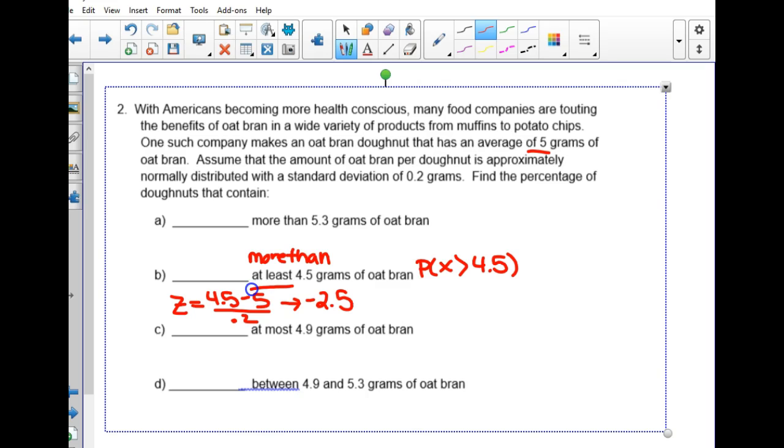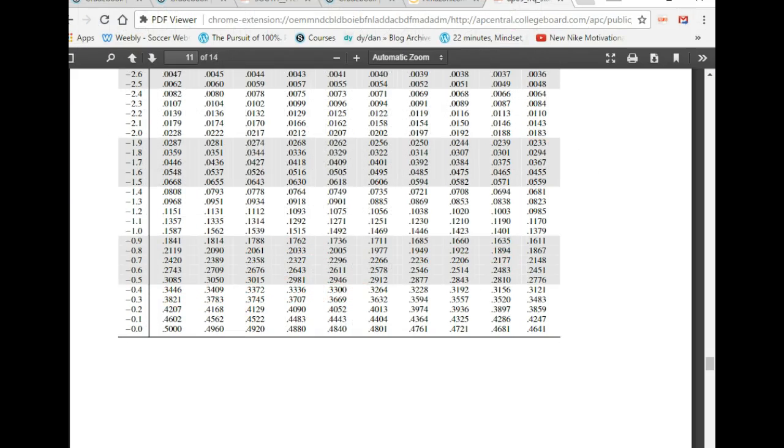I go to my chart at negative 2.5, and I'm going to add a number here, negative 2.50. At negative 2.50 is the first number, so we get 0.0062, right? Right there, 0.0062. Would you guys agree? Does anyone have questions on how we got that? We practiced that yesterday.